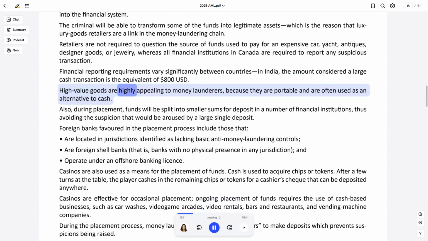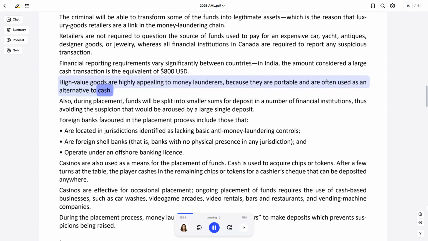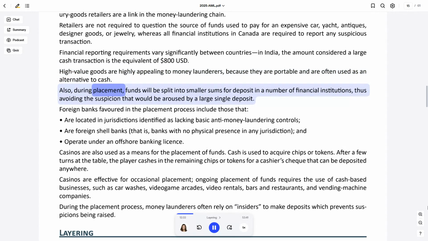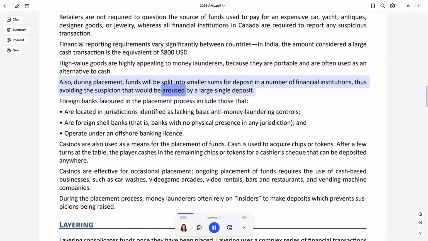High-value goods are highly appealing to money launderers because they are portable and are often used as an alternative to cash. Also, during placement, funds will be split into smaller sums for deposit in a number of financial institutions, thus avoiding the suspicion that would be aroused by a large single deposit.